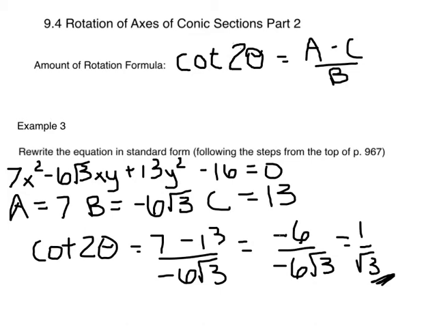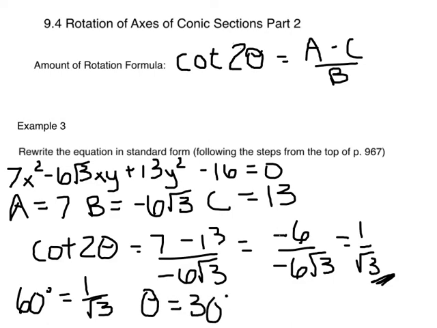If we look at the 60-degree angle, we can see that the cotangent of that does end up being 1 over the square root of 3 after we simplify. If you need to pause for a moment to calculate that yourself, please feel free. Then when we realize that this is the cotangent of a double angle, so the cotangent of 2 theta equals 60 degrees, then we know that we are looking for theta to equal 30 degrees.